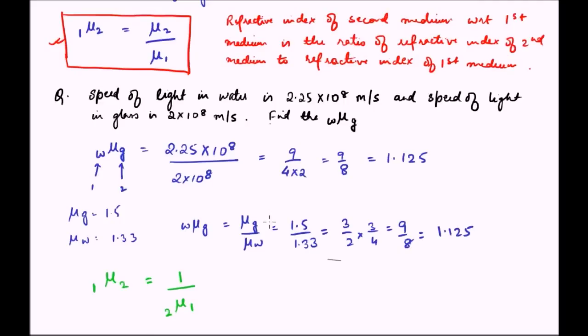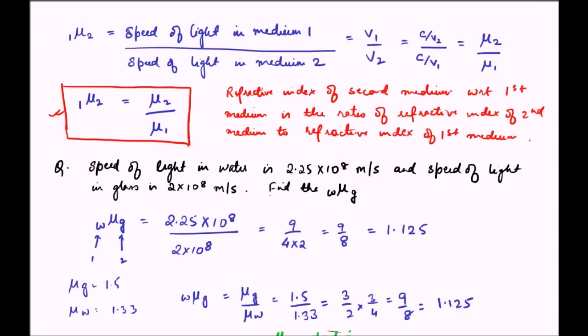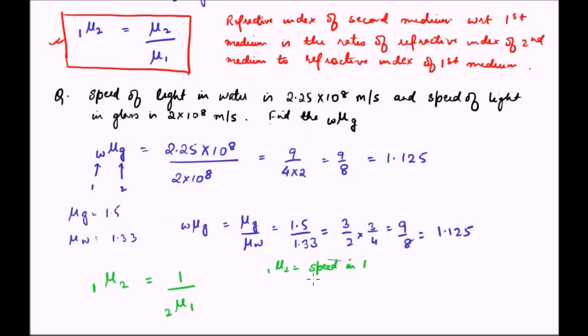Therefore, we can clearly see that this has to hold true, that is, refractive index of second with respect to 1 has to be reciprocal of refractive index of 1 with respect to 2 for this to be correct.